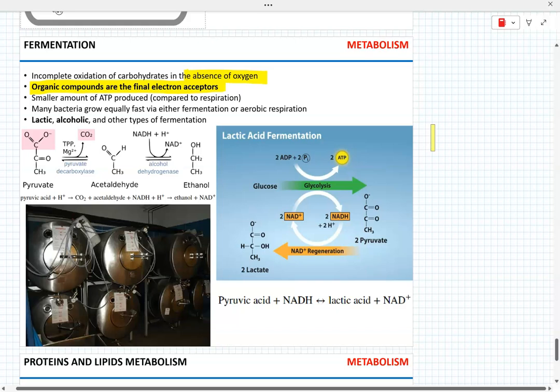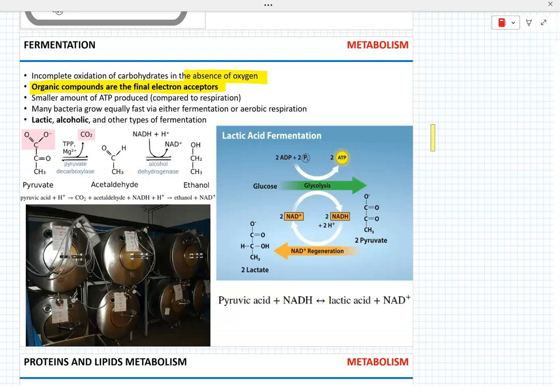So there are bacteria that can use aerobic respiration when oxygen is available, and fermentation when oxygen is not available, and actually they can grow equally fast using either of these processes.